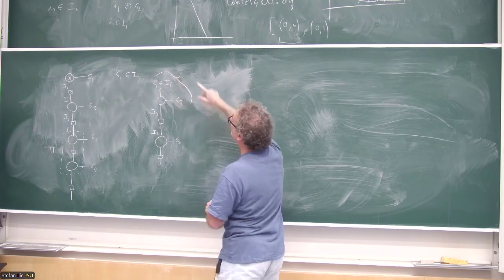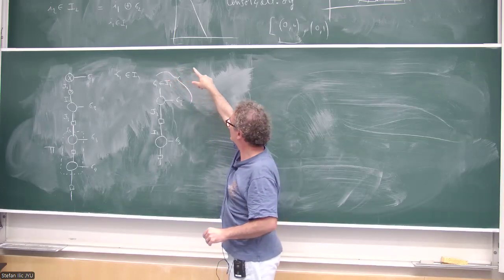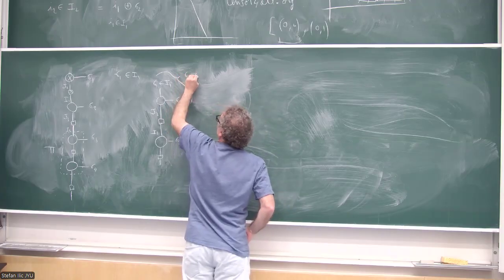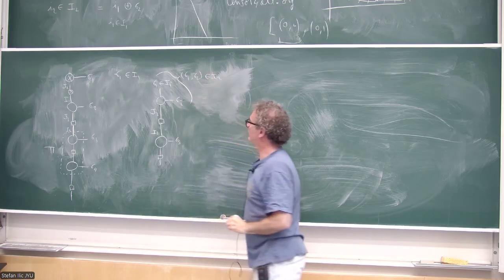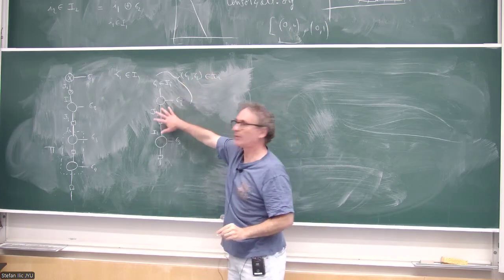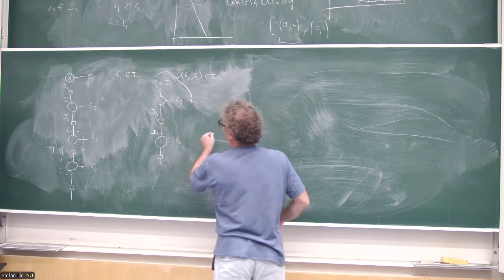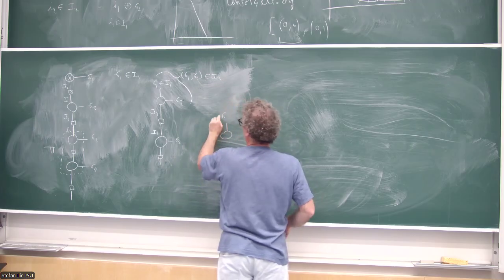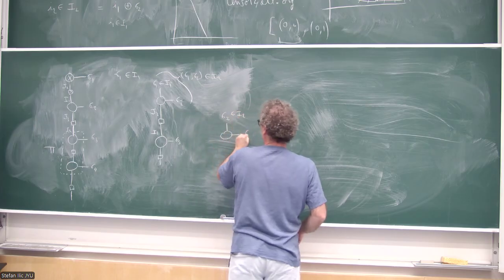So for sigma 1, sigma 2, an element of I2, I also get the simplification. And again, I'm back to sigma 2, an element of I2. Sigma 3.